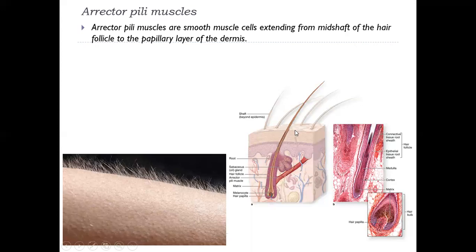This is the obtuse angle produced by the hair shaft and the skin surface. So always the arrector pili is attached to the obtuse angle of the hair. So when it contracts, it pulls the base of the hair follicle. Then the hair shaft becomes straight, and this is responsible for goosebumps.